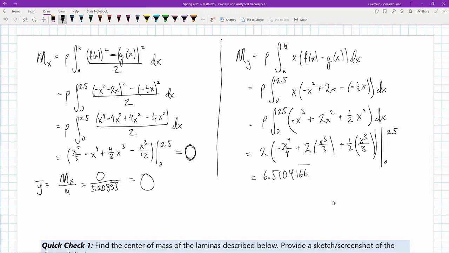Then our x bar requires our m sub y over total mass, 6.510466 repeating over 5.20833 repeating. And if you do this right, you get 1.25.